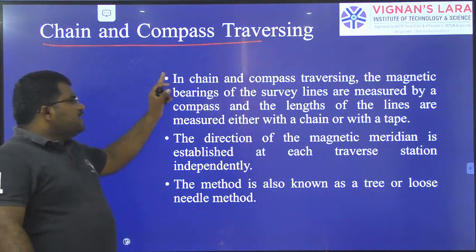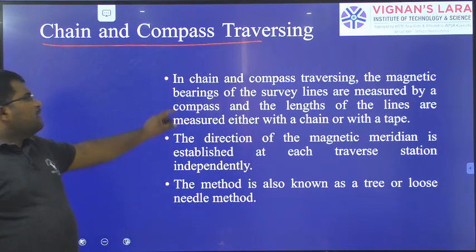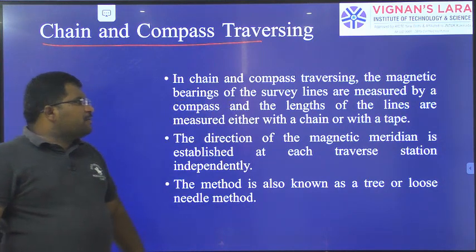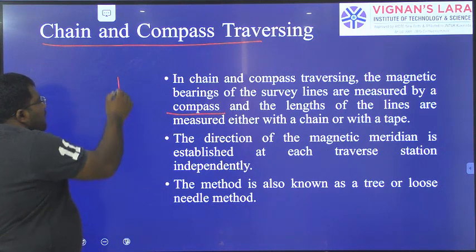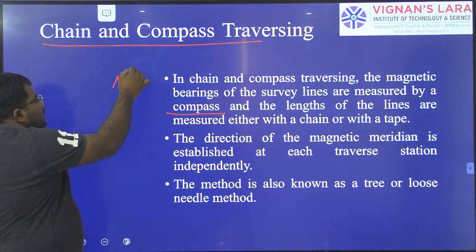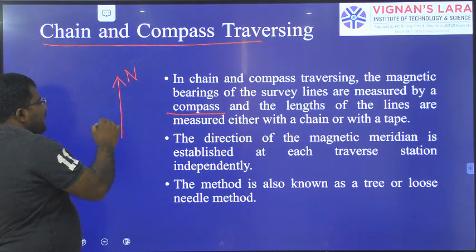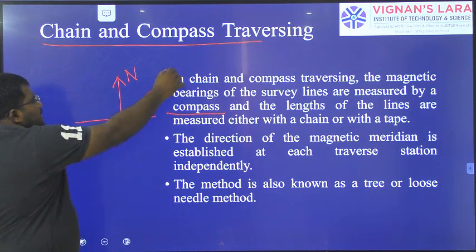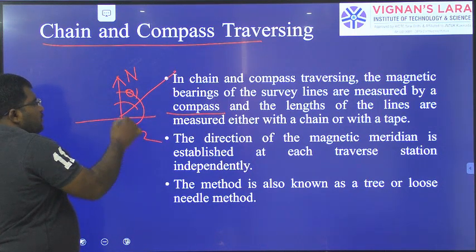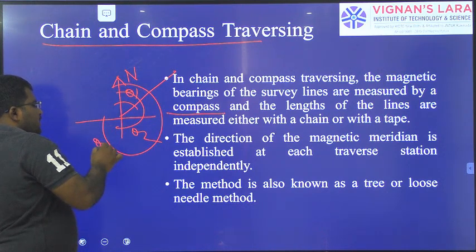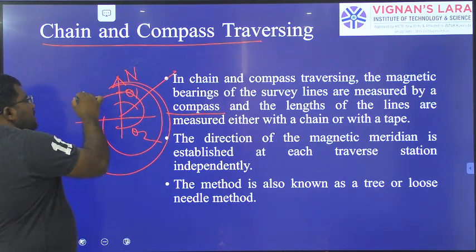In chain and compass traversing, the magnetic bearings of the survey lines are measured by a compass. If you are taking any angle with respect to the north direction, if this line is theta 1, this line theta 2, this line theta 3, like this.